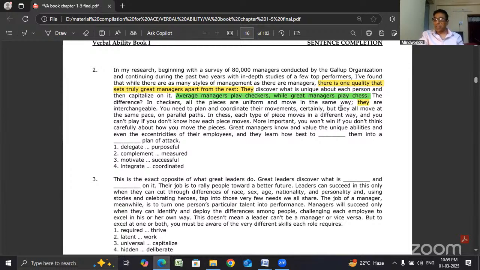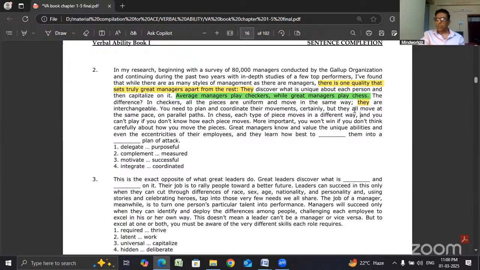Average managers. Yes, very good. Average managers play checkers. Okay. But why? What are we talking about? What kind of managers? So we are talking about average managers in this exercise. Are we talking about average managers in this passage, or are we talking about some survey?